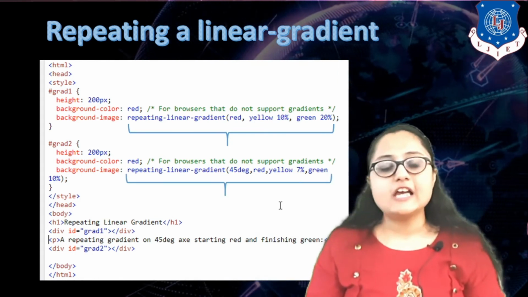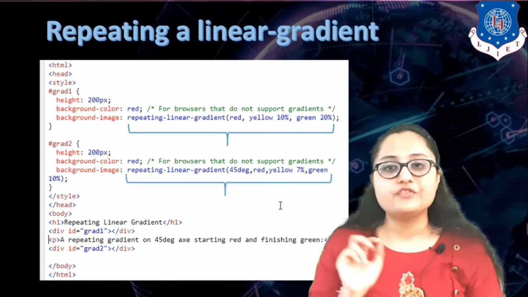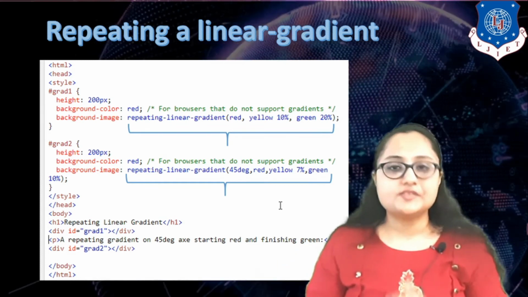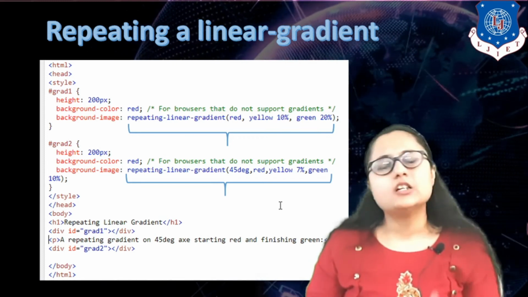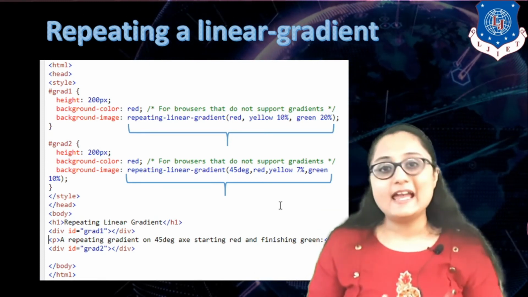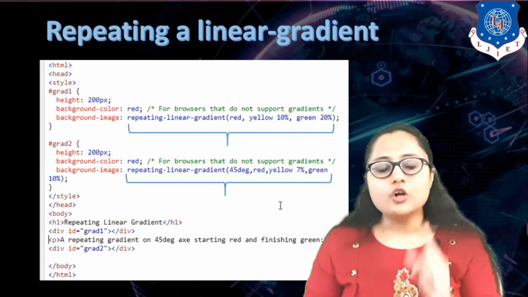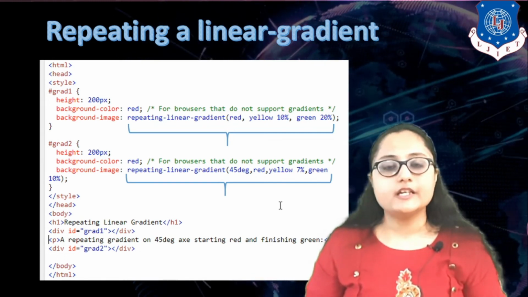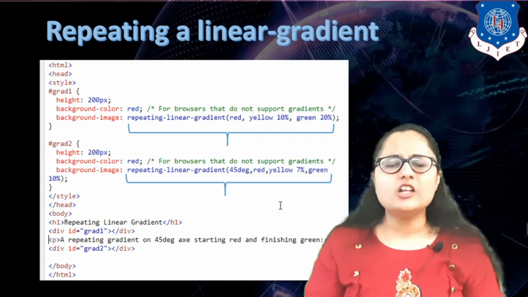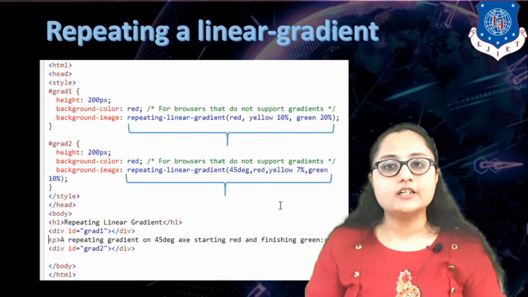For the next, I have specified in the first parameter 45deg, that is 45 degrees. If you recall, in the starting of the lecture I told you that linear gradient is top to bottom, left to right, and diagonally. So if you want to specify linear gradient diagonally, you have to specify the degree, that is the angle in which you want the linear gradient.